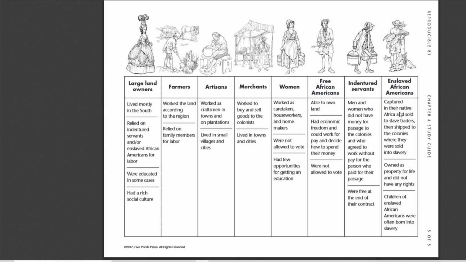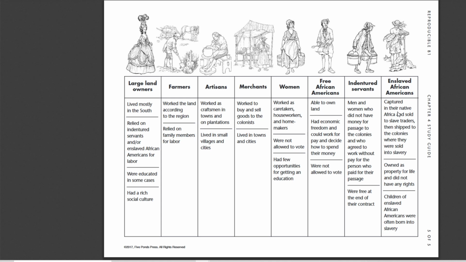Enslaved African Americans were similar in the sense of the work that they did. It would be difficult to see the difference between what they were doing. They had very similar jobs, but the main differences are in the beginning and the end.